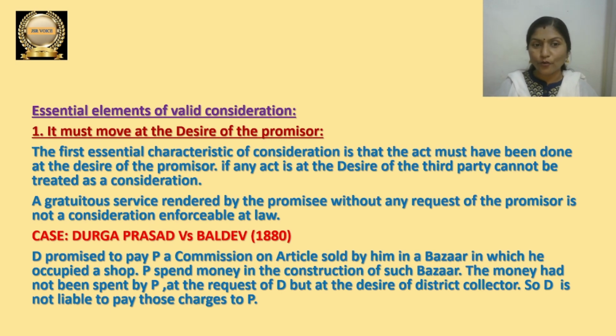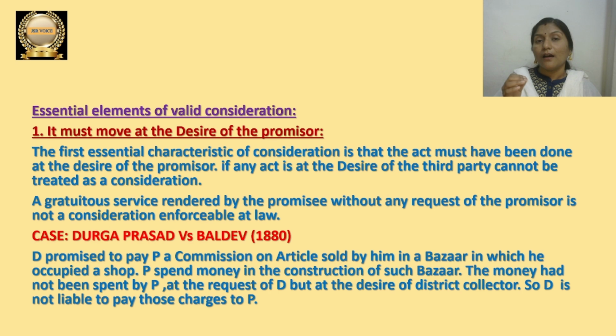Consideration must move at the desire of the promisor. Promisor means the one who promises, the one who is ready to do anything in the contract. So he is known as the promisor. So here this consideration must move at the desire of the promisor. Means what?